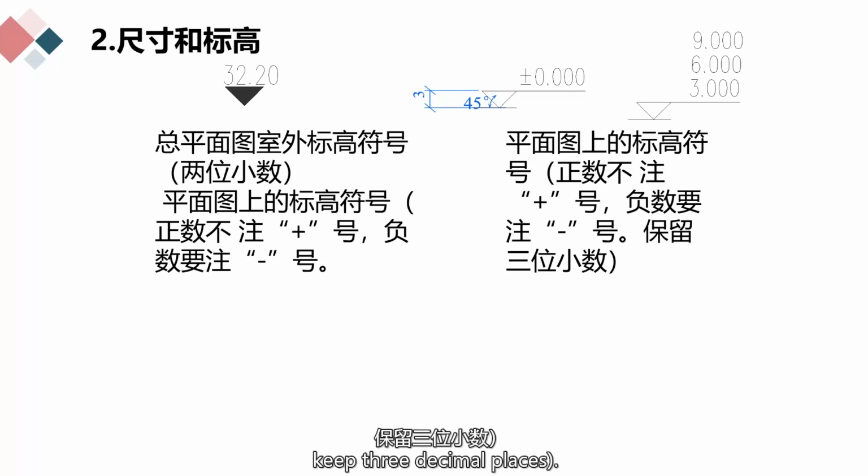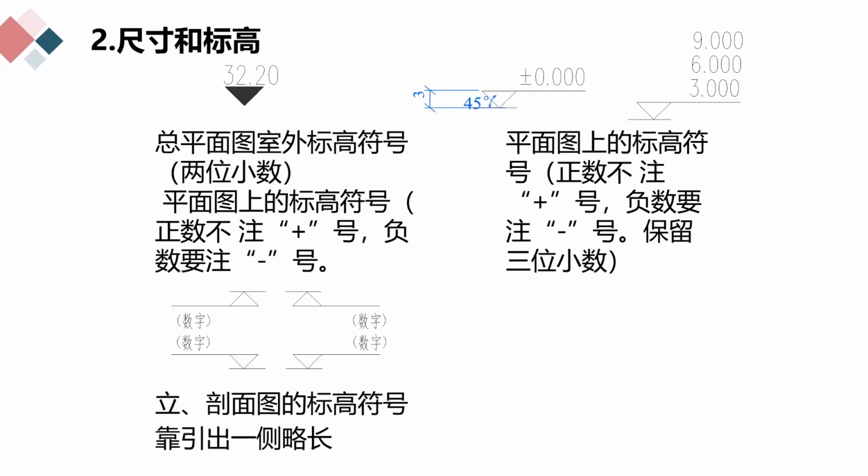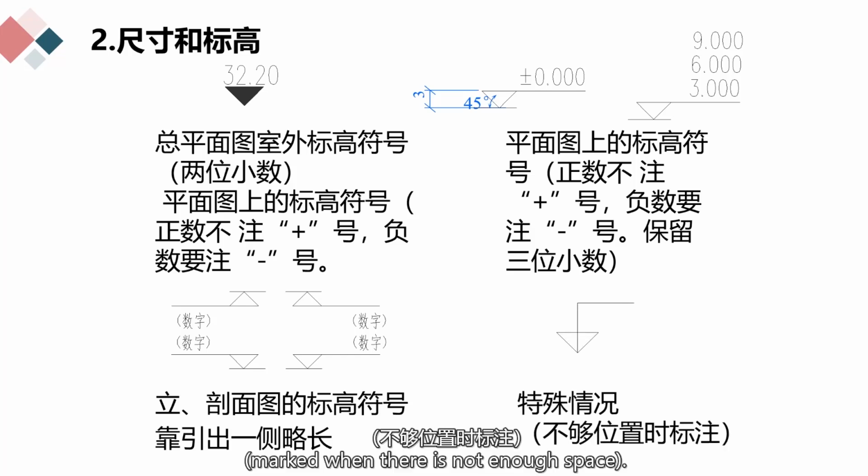Keep 3 decimal places. For elevation symbols on elevations and sections, the side close to the leader line is slightly longer. Special cases: marked when there is not enough space.